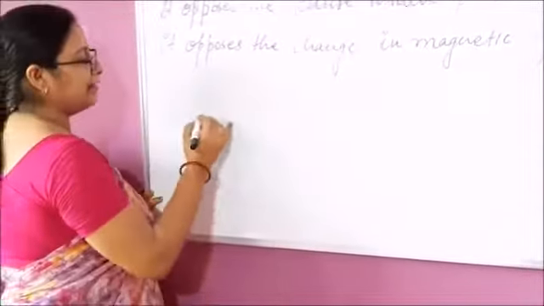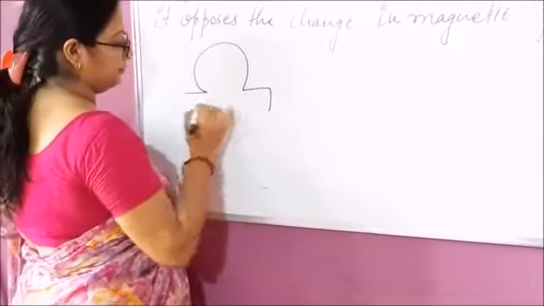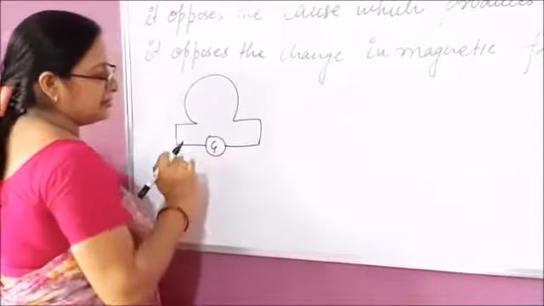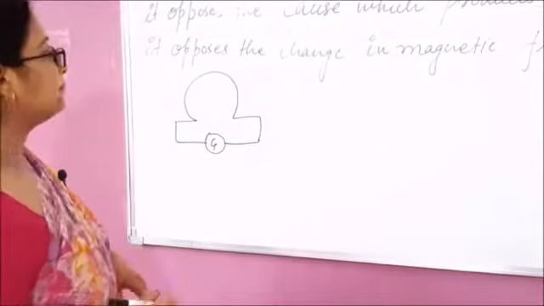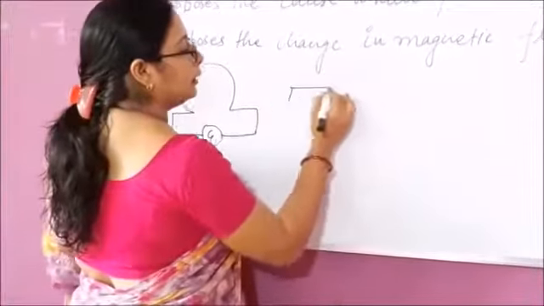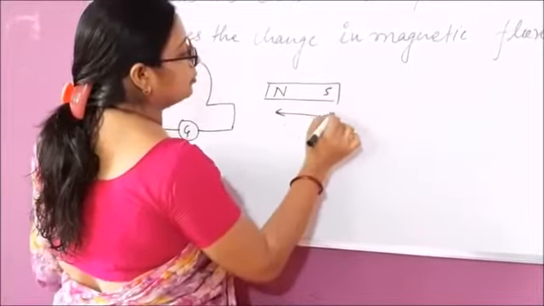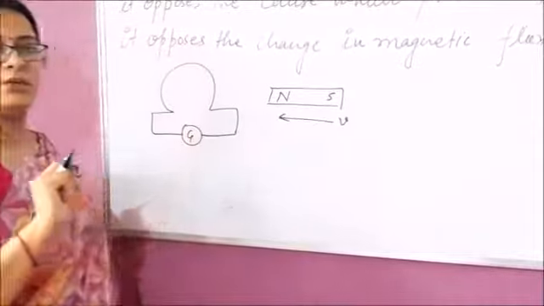Suppose children, we have a stationary coil, and a galvanometer is connected to it, and the north pole of a bar magnet is moving towards this stationary coil.